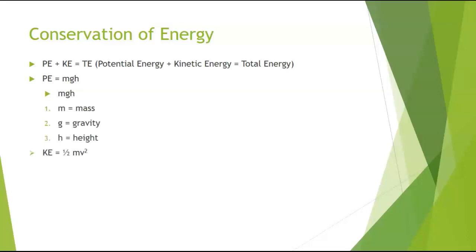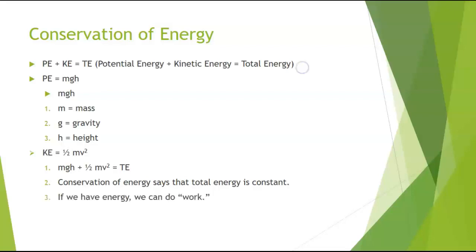Kinetic energy equals 1/2 times mass times velocity squared. So putting these together, mass times gravity times height, or potential energy, plus 1/2 times mass times velocity squared, or kinetic energy, should equal total energy. And the conservation of energy says that the total energy is constant.